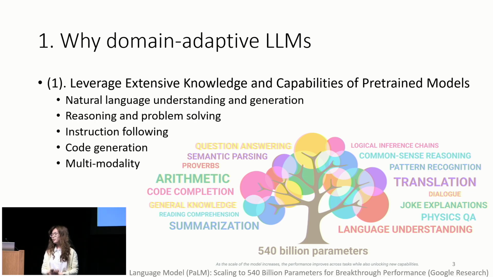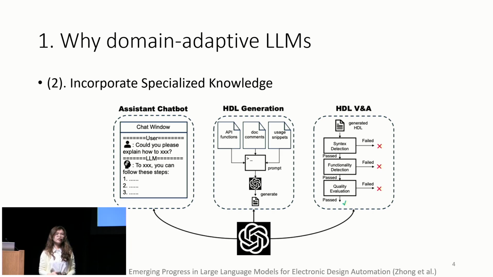They are good at reasoning and problem solving, instruction following, code generation, and even multimodality. So we want to make the best of this existing knowledge already encoded in today's pre-trained foundation models. On the other hand, since these models are for general purposes, they might lack the specialized knowledge specific to, for example, the chip design domain.